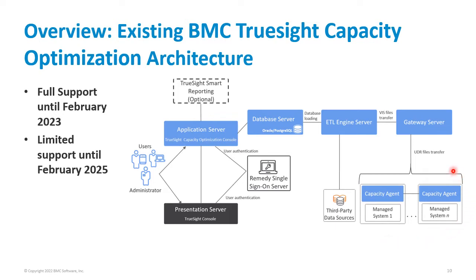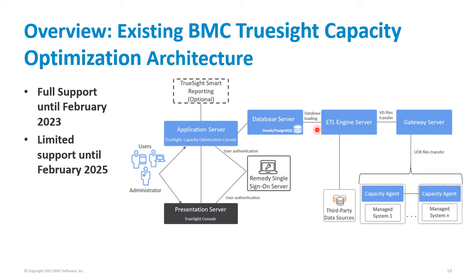In terms of the capacity agents, there's an intermediate component that does the collection, transfer, and processing of the data and forwards the data to the ETL engine. The same path is taken to the ETL engine from the third-party data sources.